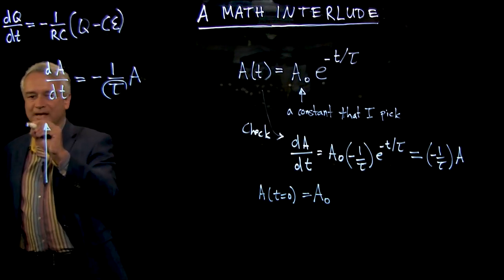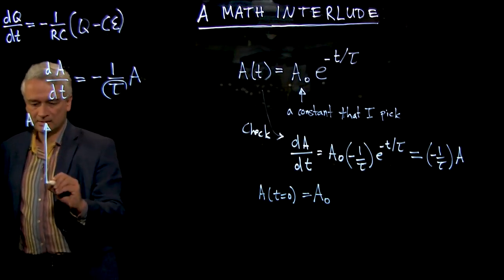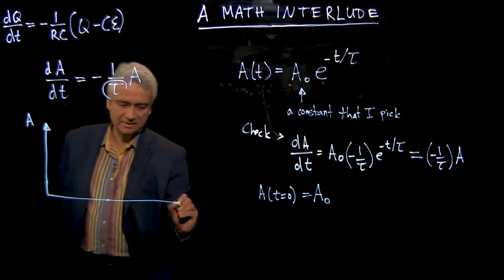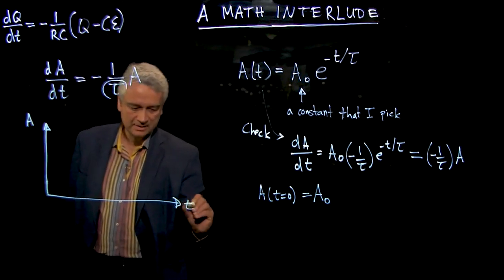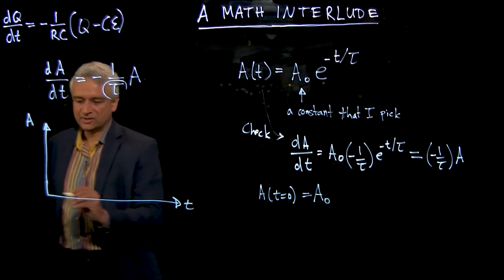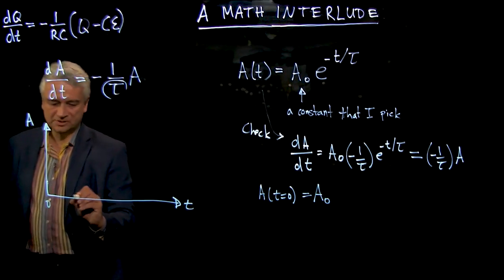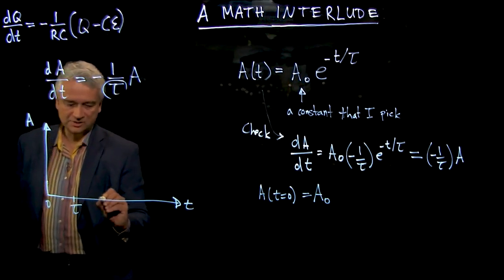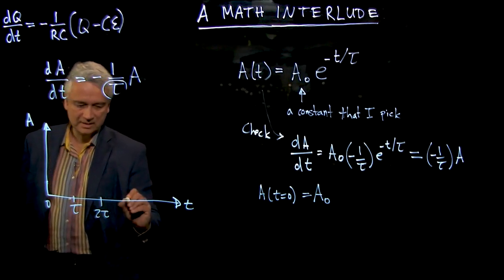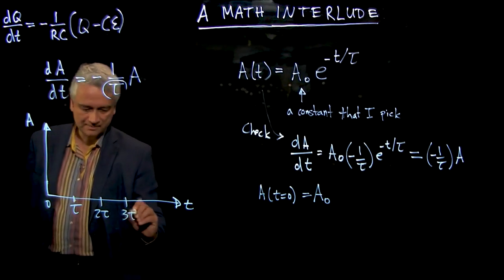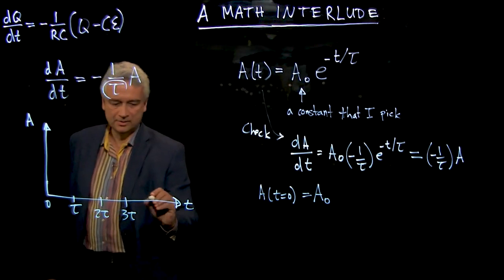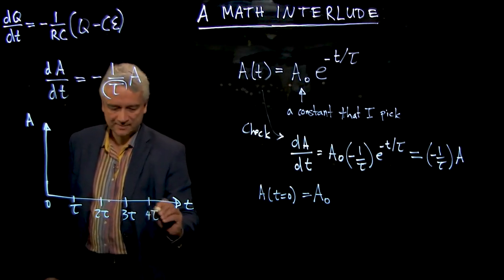So I'm going to graph A as a function of time t. And so here's time 0, here's time tau, here's time 2 tau, here's time 3 tau, here's time 4 tau.